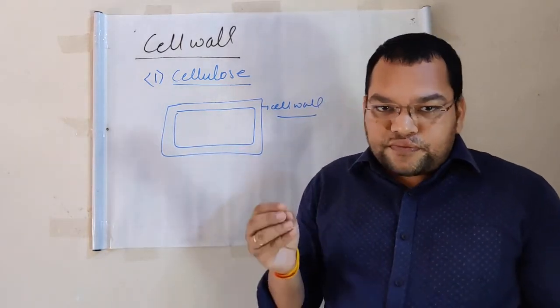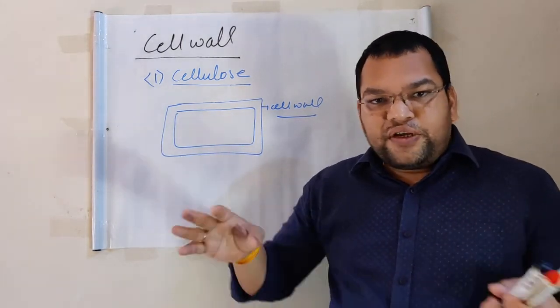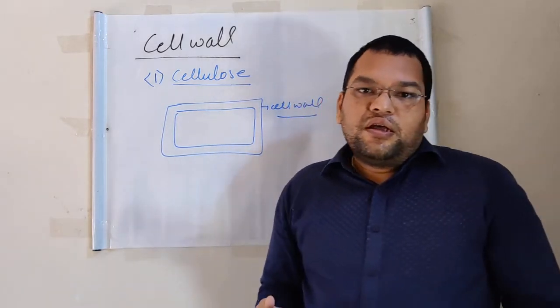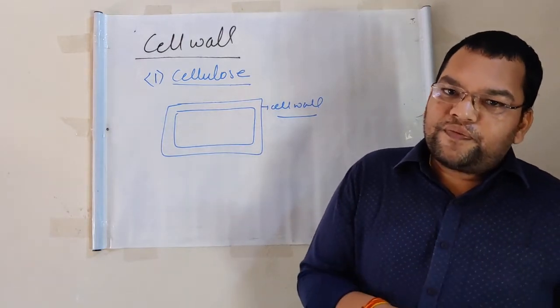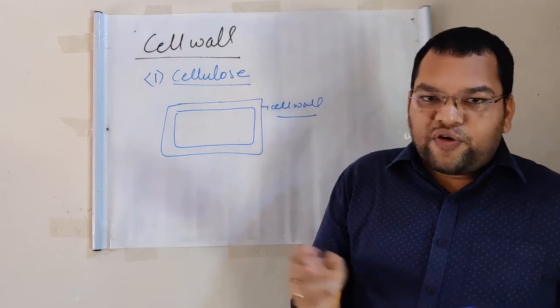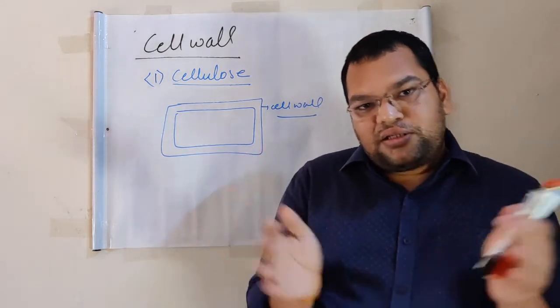Suppose a cell is placed in a medium where the water concentration is more outside. Then the water is going to come inside the cell, and surely the cell expands.